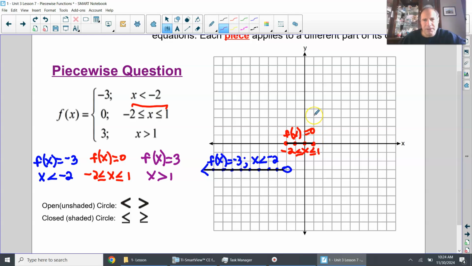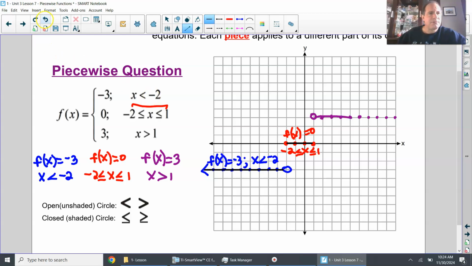This is an open circle, so I'm going to put a nice open circle. Then 2, 3; 3, 3; 4, 3; 5, 3; 6, 3; 7, 3; 8, 3; 9, 3; 10, 3. Since it's just greater than, that's the open circle.